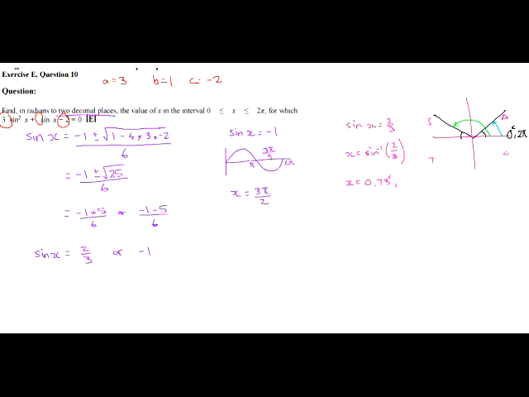Okay, and that's that one there in blue. So this is going to be pi here. So we know that's pi, because that's 2 pi. So pi take away 0.73, you're going to get 2.41. And you don't have to put the c, because this whole question's in radians.